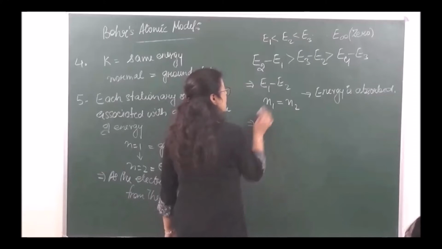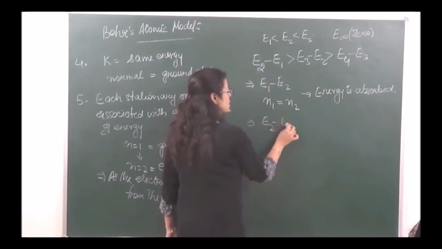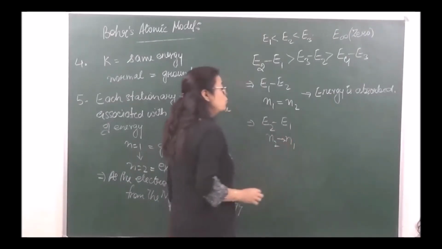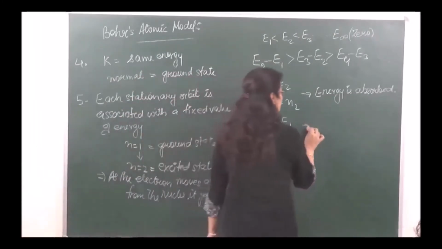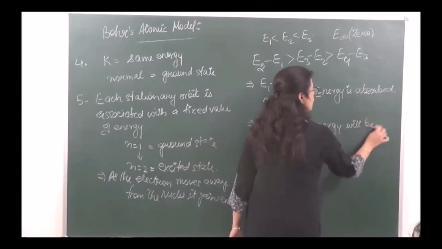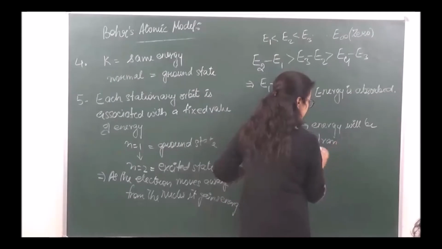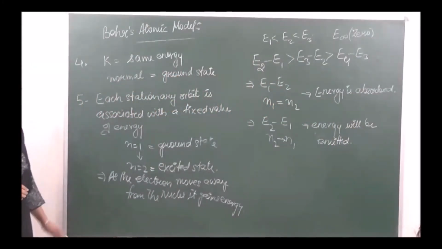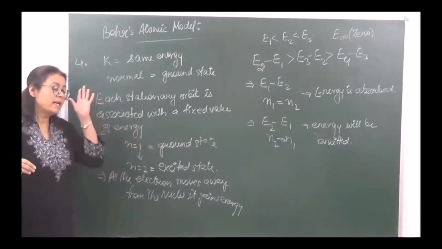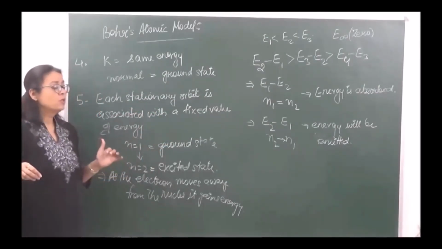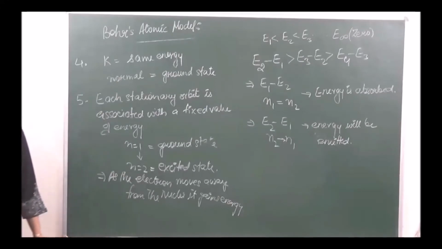Whereas when we are talking of the reverse jump, that is the electron is jumping from n2 to n1, in that case energy will be emitted. So when it is going from ground state to excited state, the electron absorbs energy, and when it is coming back from the excited state to the ground state, it is emitting energy.